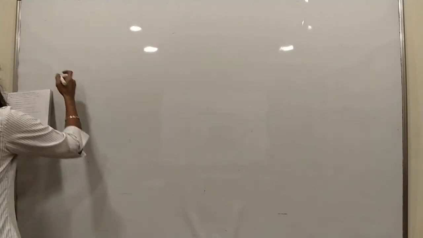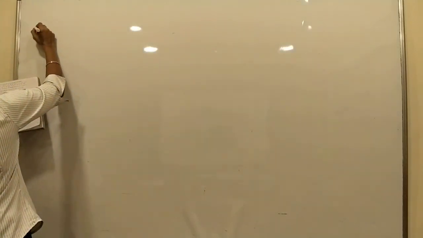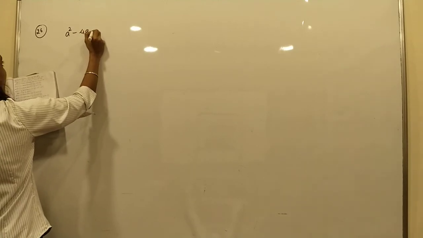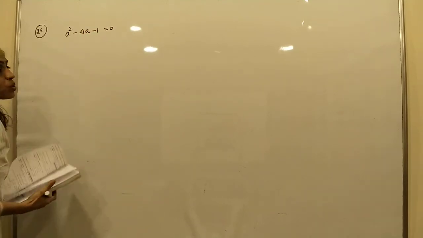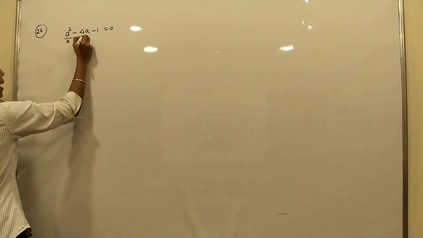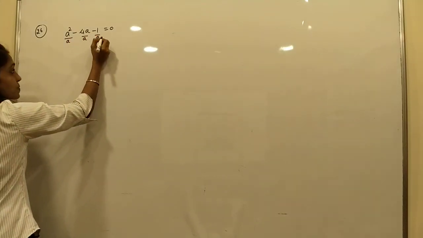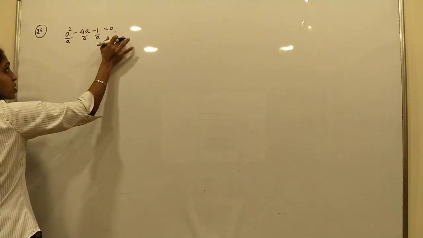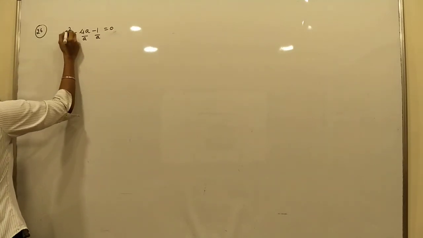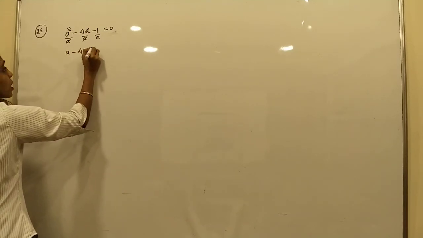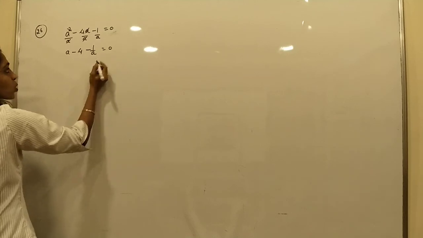Question number 26. A square minus 4a minus 1 equal to 0. Right? Now divide each term by a. We can do this on both sides, and 0 upon a is actually 0. So a cancels, 4, minus 1 upon a is 0.